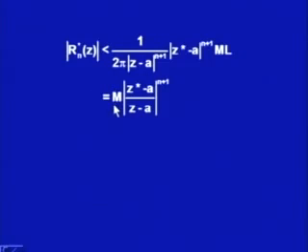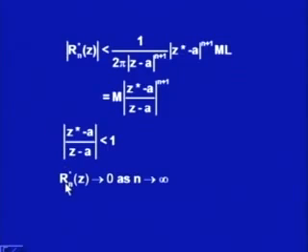So, we will have this integral is M times (z* minus a) divided by (z minus a) raised to power n plus 1, and since this term is less than 1, this modulus is less than 1. So, as n tends to infinity, this term will become smaller and smaller, and ultimately Rn*(z) will tend to 0 as n tends to infinity.